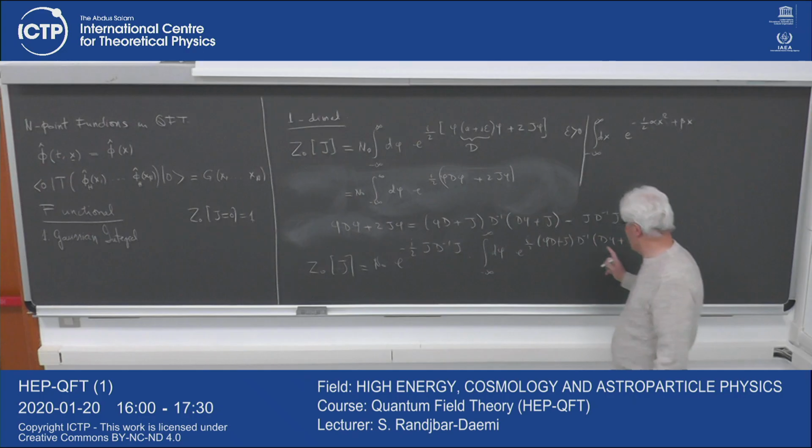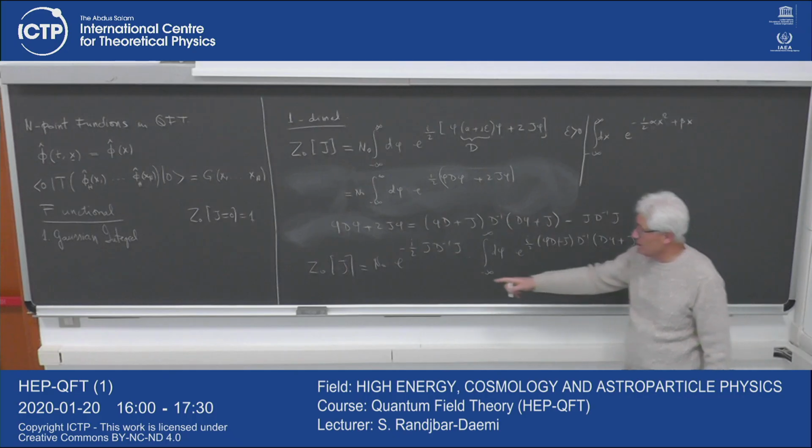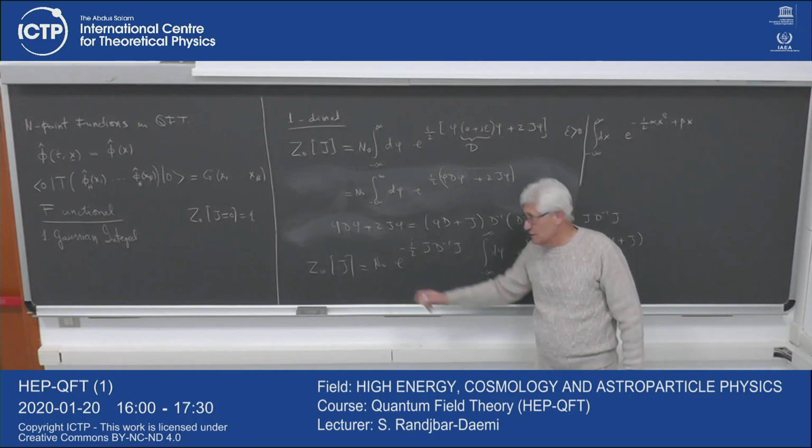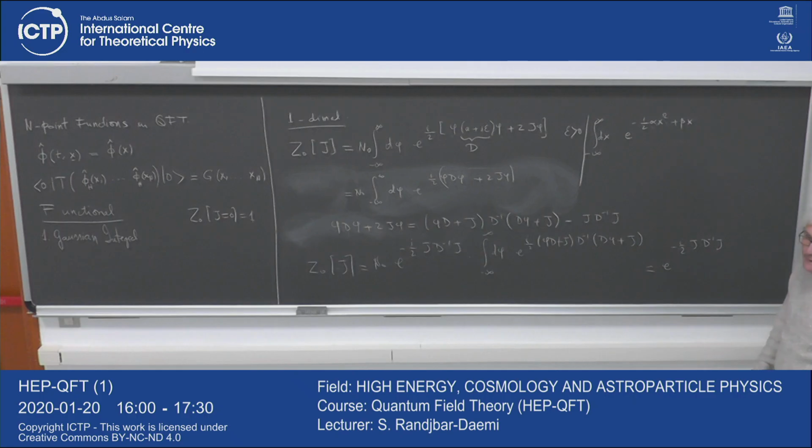And if it is independent of j, you can set j equal to 0, then this integral becomes the same thing as n0. Therefore, the result of the whole integral is minus i over 2 j d inverse j, with coefficient 1 here.